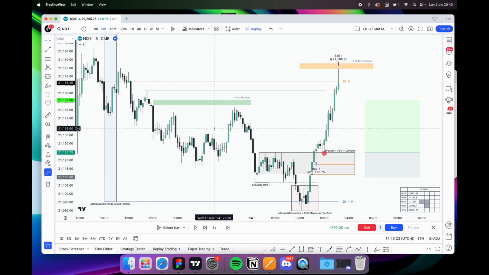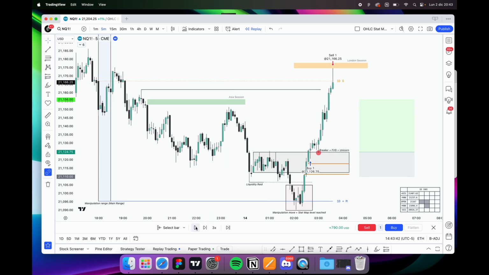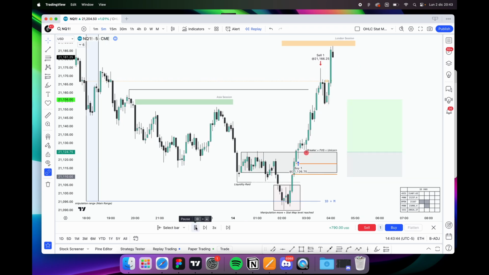It's quite simple. You can play it without bias or just take the ones aligning with bias. In my case, I try to aim for Asia session highs and lows, and try to look for smooth edges. In that case, we don't have smooth edges, but anyway, Asia high was a good draw on liquidity.